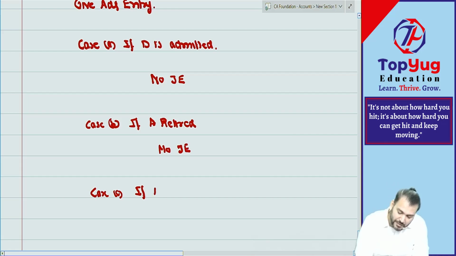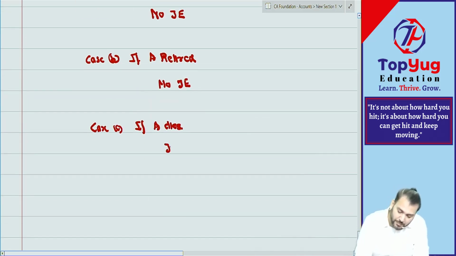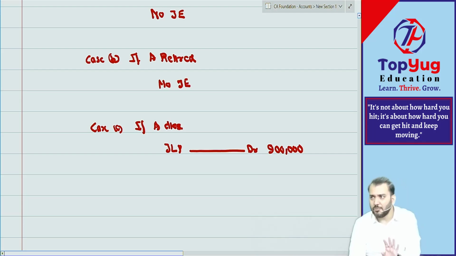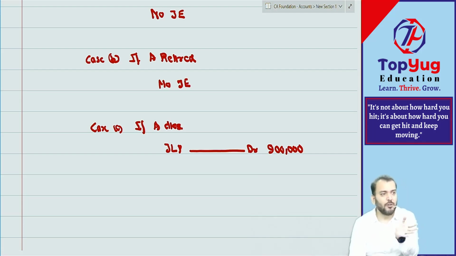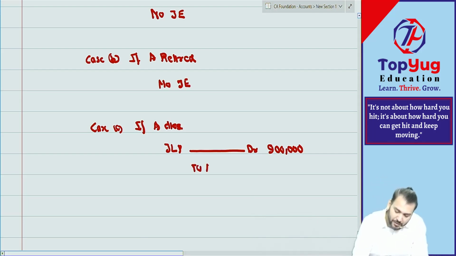If A dies, tell me. JLP account debit. How much? 10 lakh, 9 lakh. 9 lakh. I have written 9 lakh. You need to increase up to policy amount. Now how much amount is already appearing? You will increase up to policy amount 9 lakh. It will become 10 lakh. To A, how much?